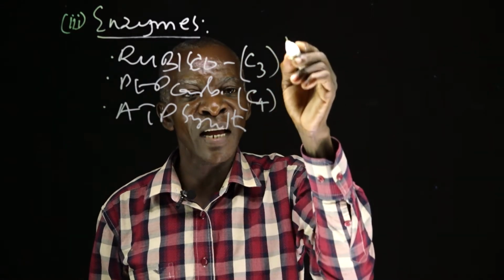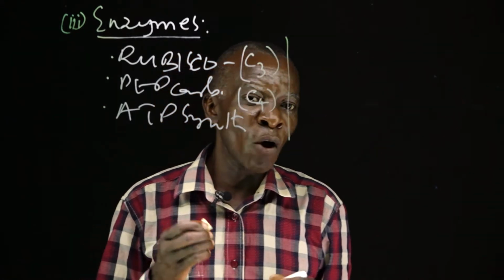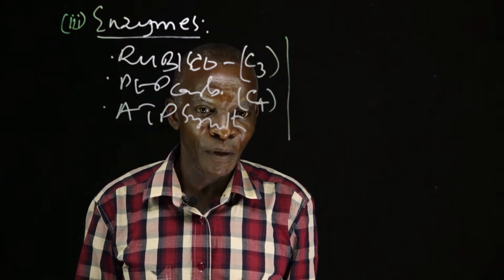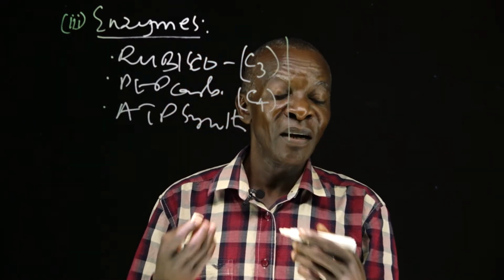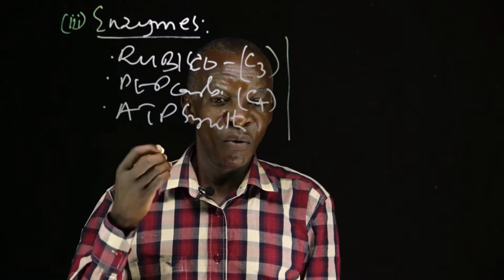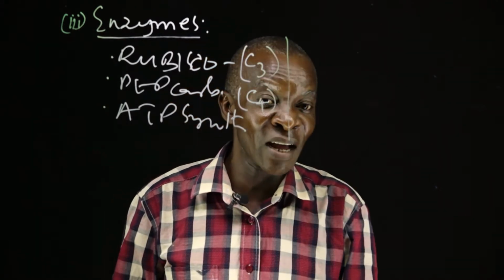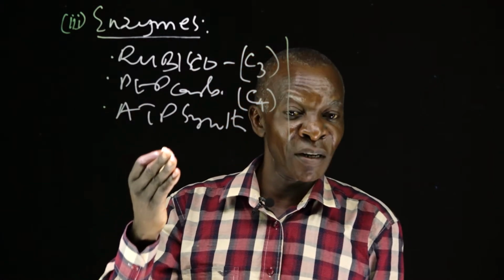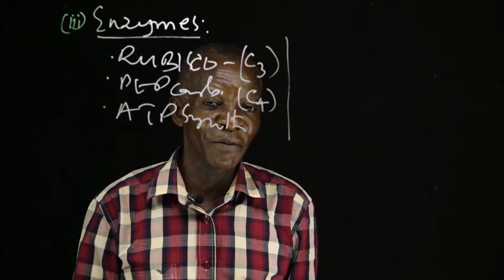All these enzymes work under optimum conditions of temperature. When the temperature is higher than the optimum level, these enzymes will be denatured and the photosynthesis will fail.